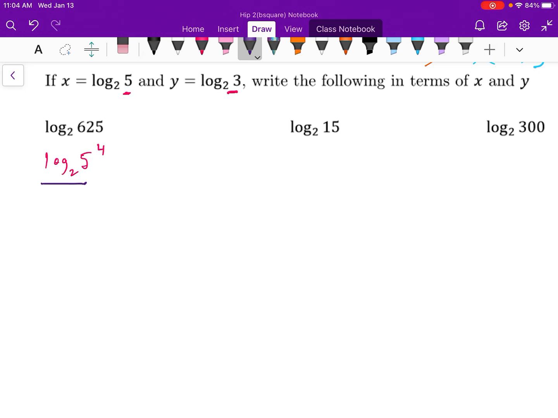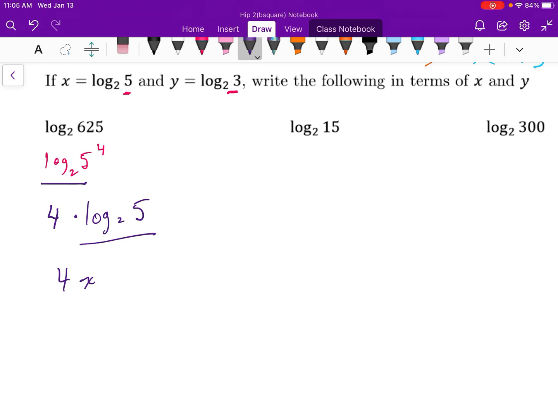So what we know, if you notice, right here, log base 2 of 5 to the power of 4, we're getting very close to where we need to be. That value is x. But now I'm going to apply the power rule, which says 4 times log base 2 of 5. Log base 2 of 5 is x. So this is equal to 4x.